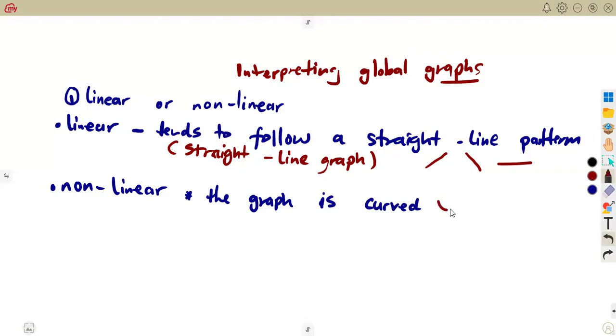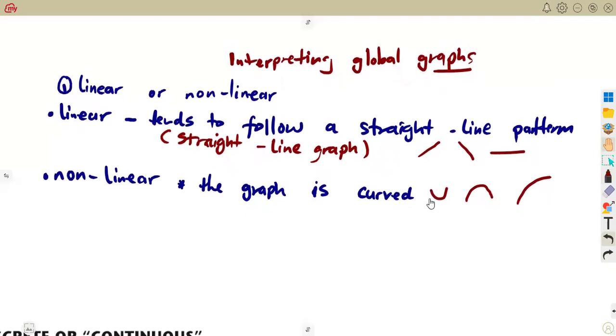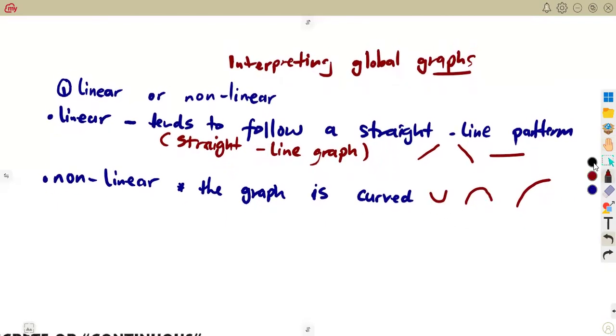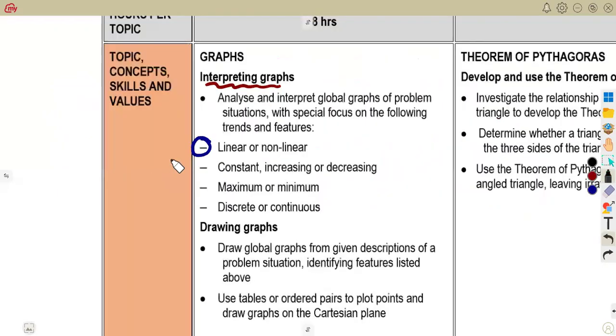As long as it is curved, not straight, you refer to it as non-linear, the opposite of being linear. So that is the condition they are talking about. When you are interpreting, a line is drawn, they're asking you, what type of graph is that?